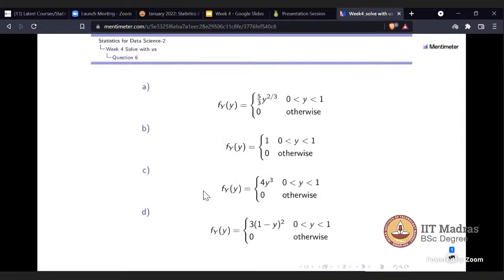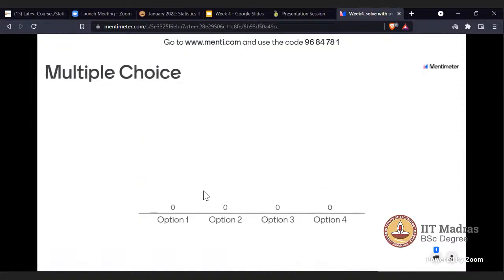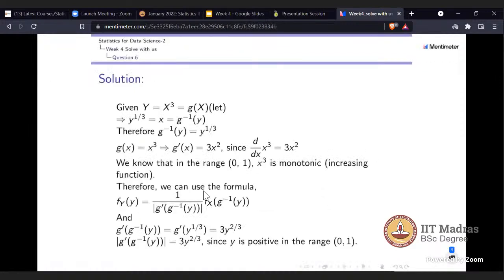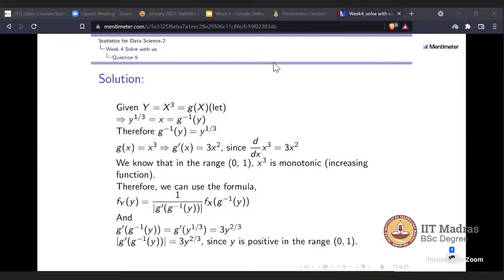If you're not aware of the graph of x cube, we can plot it and check whether it is increasing or decreasing, that is, monotonic. Then we can differentiate the y function.